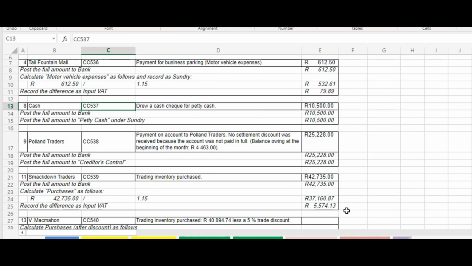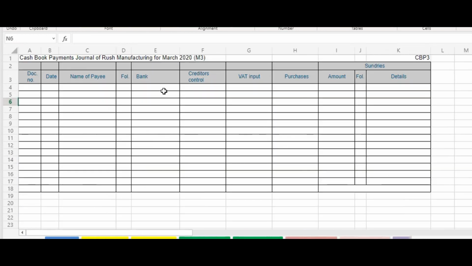When we complete the cash book payments, it's important to identify the main column. In this case, the main column is bank, because if we are using a checkbook, everything will go through the bank account. Then we have additional columns, including VAT input.